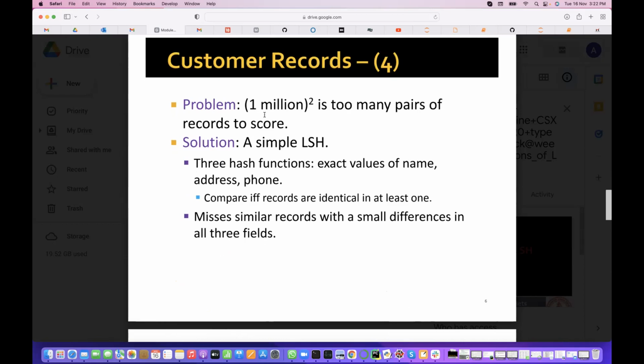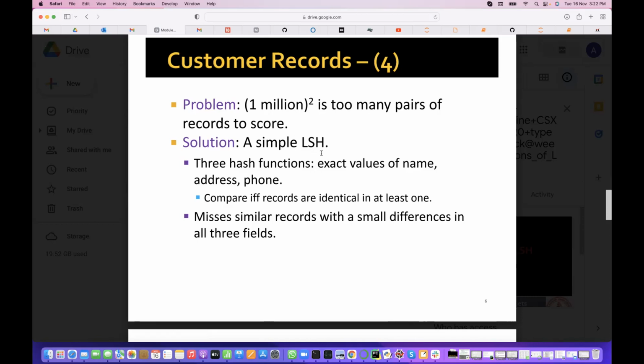Why are we talking about 1 million square? Each record with every other record is 1 million. So if you want to see which two records are the same, then we need to verify 1 million square, right? NC2, of course divided by 2 will come, but in complexity, 1 million square. That many pairs you need to verify.